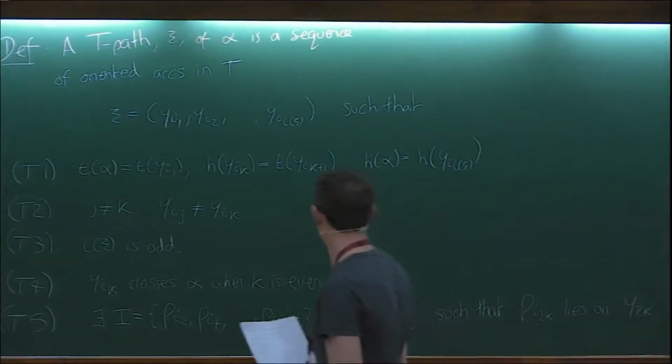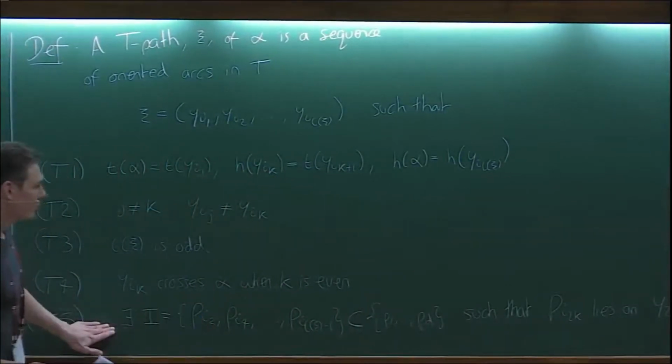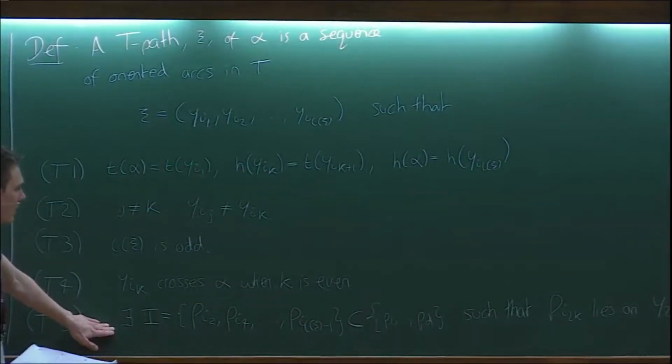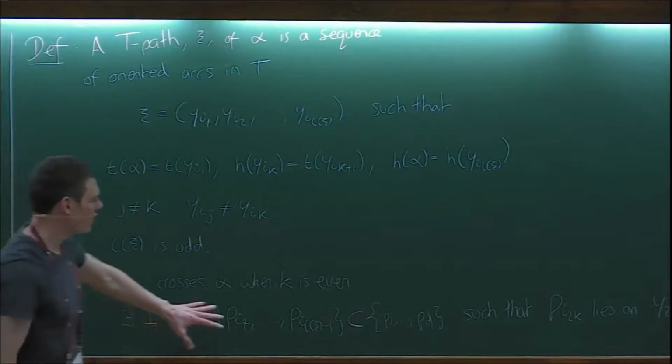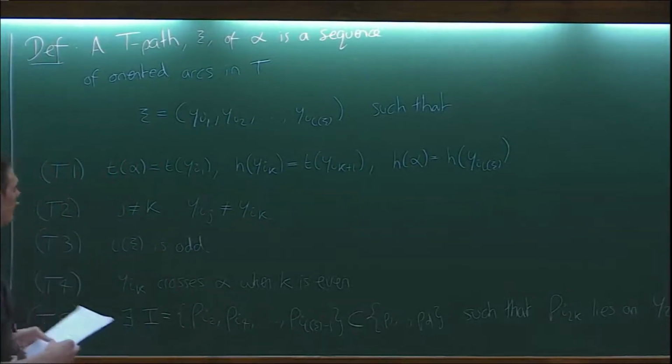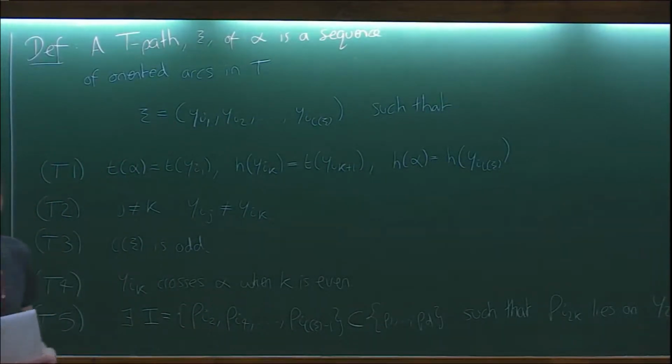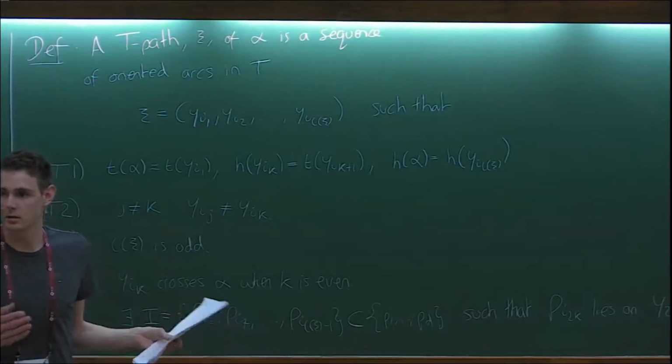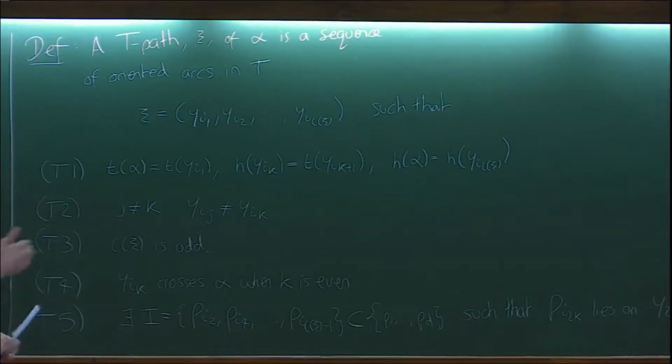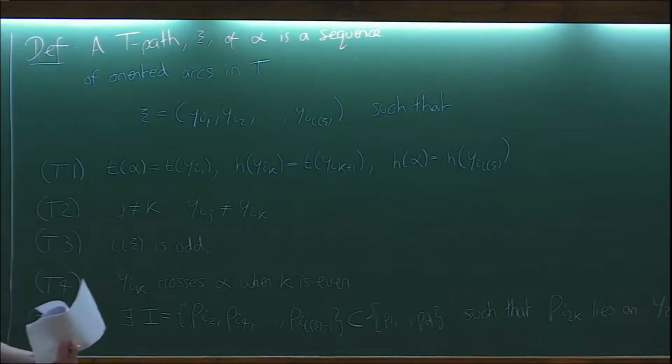Okay. So this is the formal description of what is going on, but this should be thought of as the t-path preserving the intersection points. As I go longer and longer along the t-path, the intersection points get further away from the start of alpha. Okay. Is that clear?